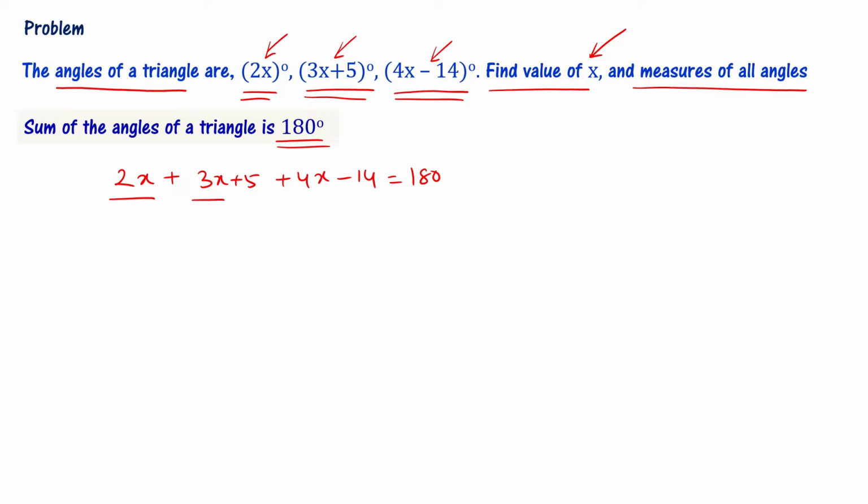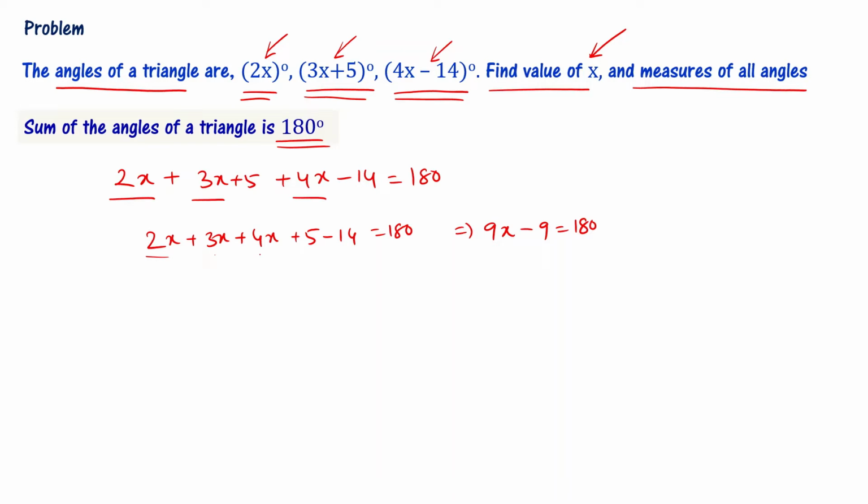2x plus 3x plus 4x, let's write them: 2x plus 3x plus 4x plus 5 minus 14 equal to 180. Now 2 plus 3 is 5, 5 plus 4 is 9x. I can write this as 9x plus 5 minus 14, that can be written as minus 9, is equal to 180.